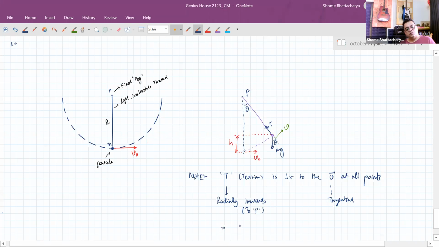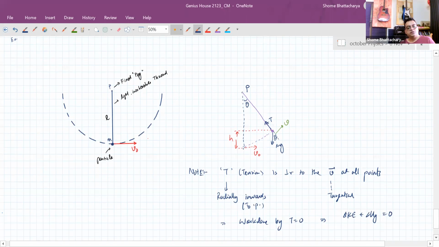So work done by tension is equal to 0. So we have change in kinetic energy plus change in gravitational potential energy is 0. So this time going from this position to this position, you can see the change in kinetic energy is this much. The change in gravitational potential energy is so much.